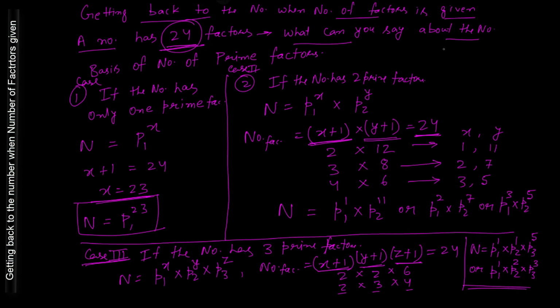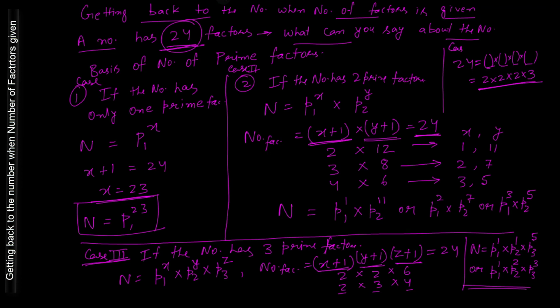Now, do I need to go ahead? That will depend. Can you break 24 into 4 parts? For the number to have 4 prime factors, we should be able to break 24 into a product of 4 parts such that each part is more than or equal to 2. Is it possible? Let's check it. Even if I take 2 into 2 into 2 into 3, oh yes, this is the last case.